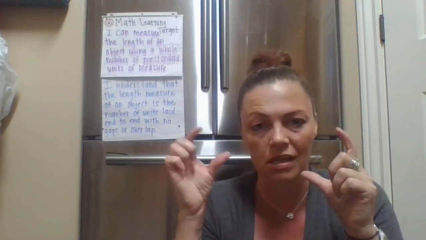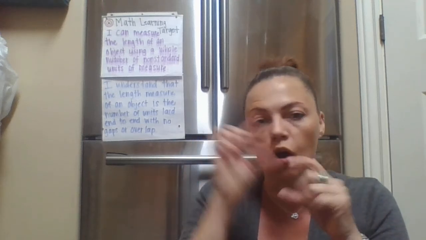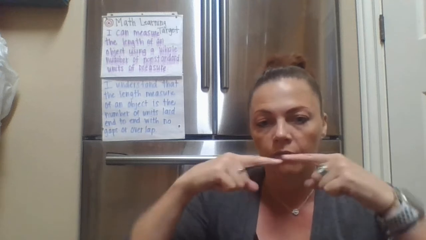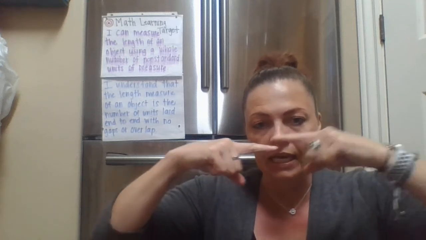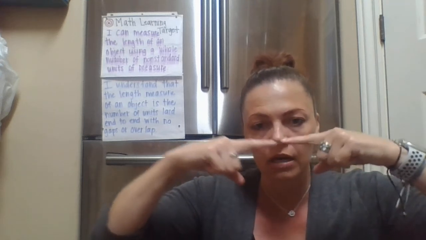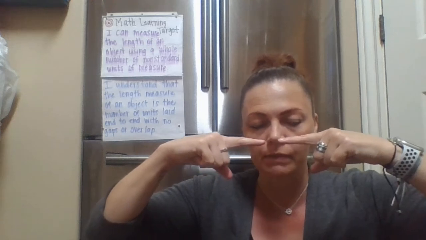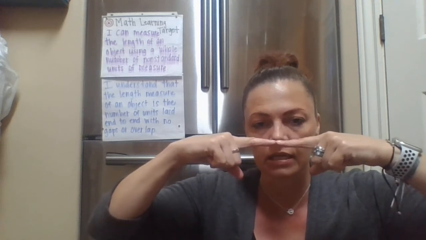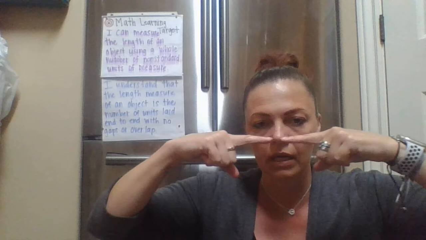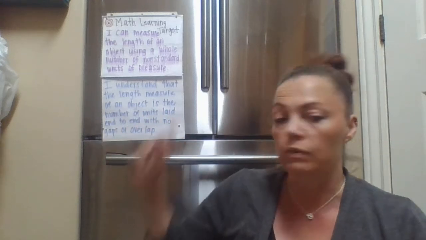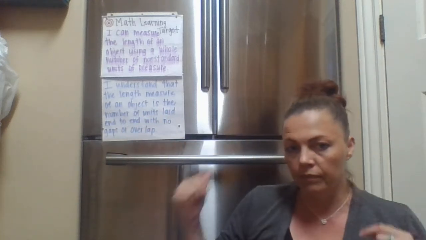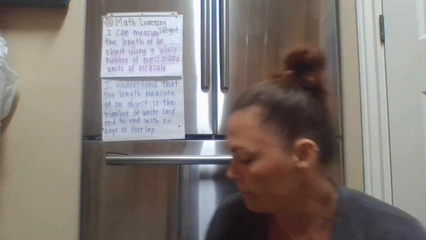I need to use all big or all small. I need to lay them end to end, and I can't have them overlap each other or have gaps between them. They have to be touching end to end without overlapping and with no gaps. So that's what that learning target is talking about, okay?